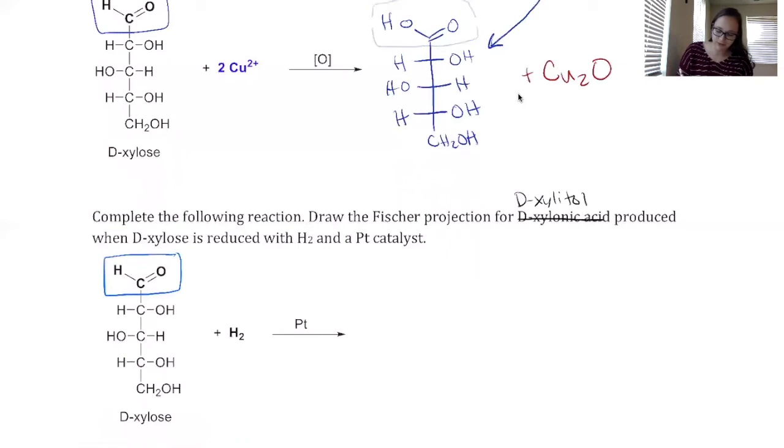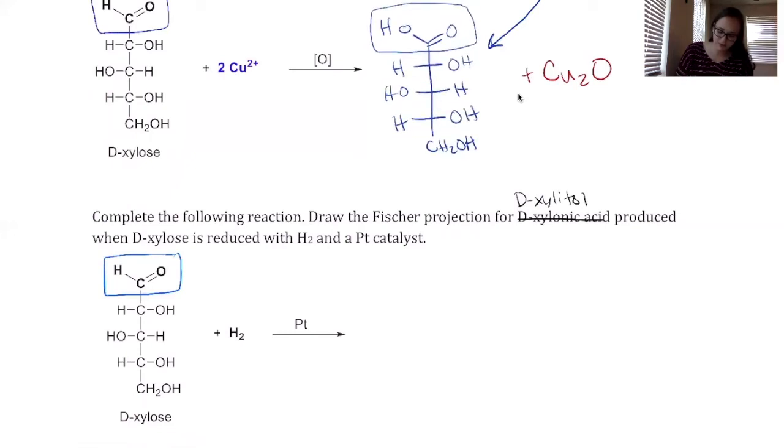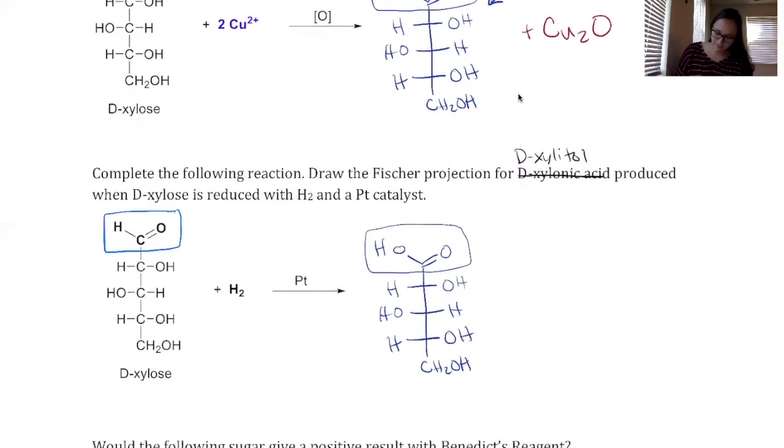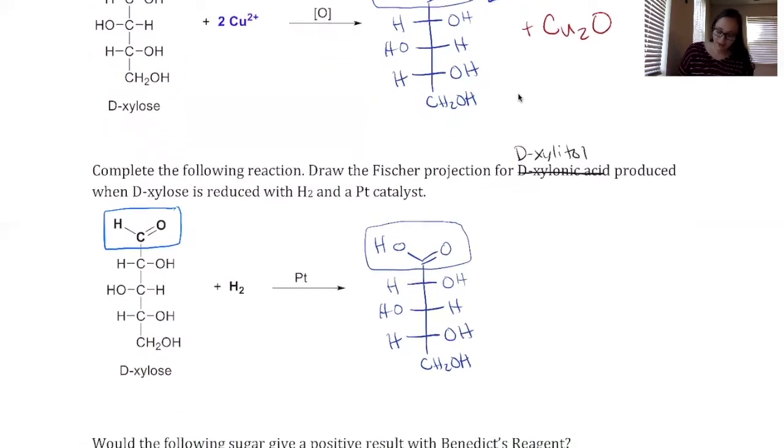So I'm going to, oh no, undo. I'm going to cheat a little bit so that it doesn't take too long. I'm going to go ahead and just duplicate this instead of redrawing it. And in that box, now, instead of oxidizing our aldehyde, we're going to reduce our aldehyde. So I'm going to erase everything I had there.